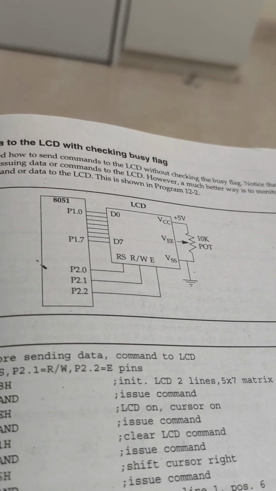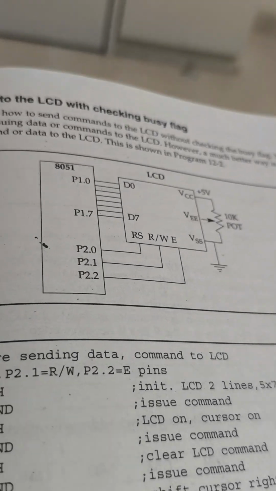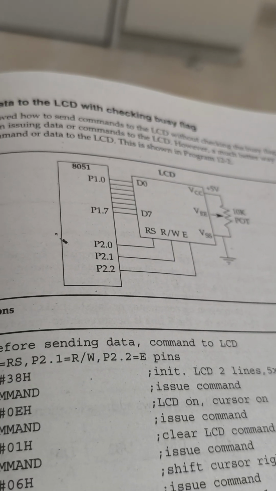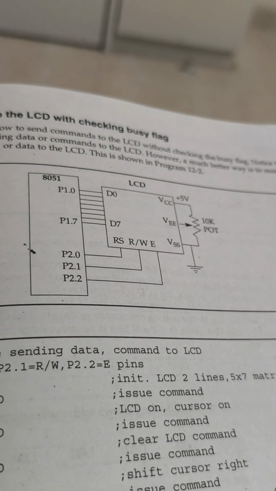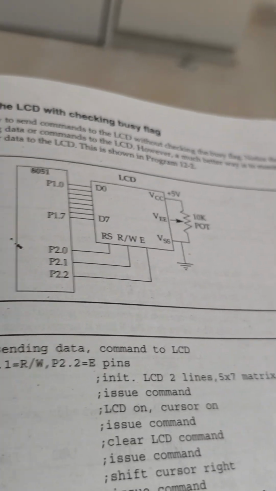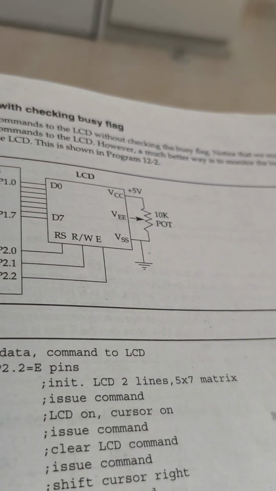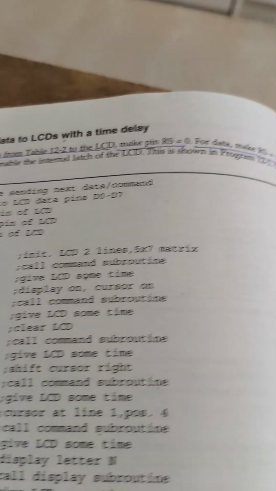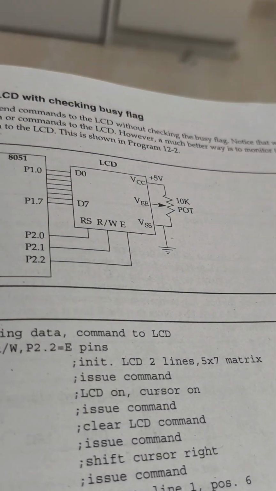When they ask like this, you should draw the diagram neatly. That is how we have interfaced the 8051 microcontroller to the LCD, pin numbers 1 to 14, everything they have mentioned, you have to draw. Then you have to give some expressions like this: you make pin RS P2.0. When it is 0, it will receive the commands.